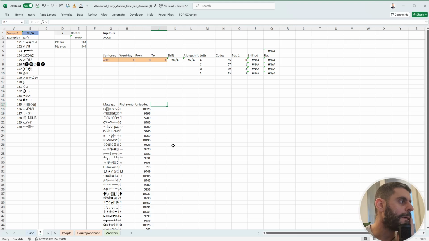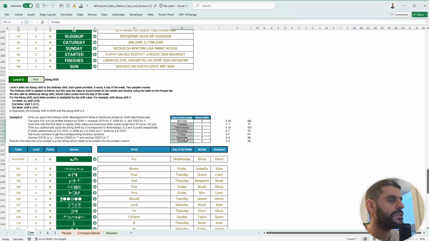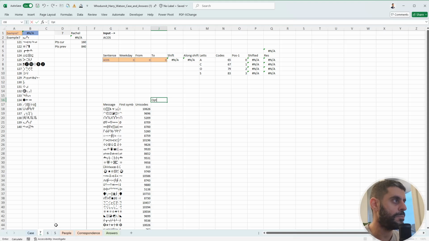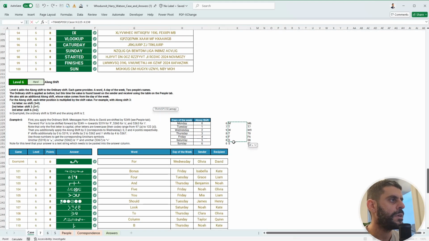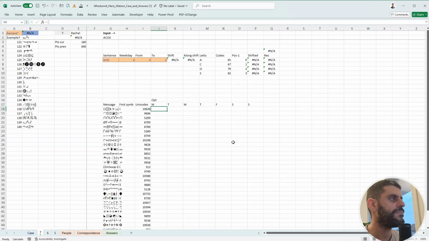Okay, so what I can say is, let's assume I have those 7 different options, which will be a transpose of those letters, which come with different Unicodes as well.